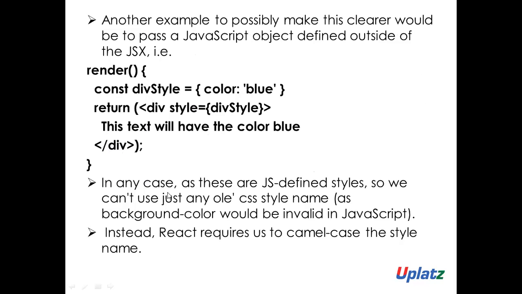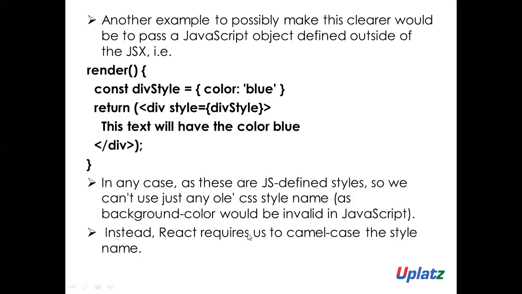So in any case, as these are JS defined styles, we can't use just CSS style names. So background-color would be invalid in JavaScript. In many cases where the styles are defined in JS, we can't use any of the CSS style names like background-color; that would be totally invalid.